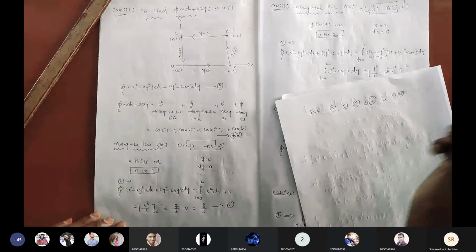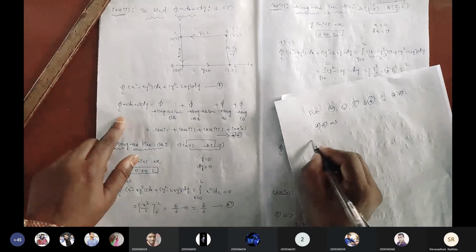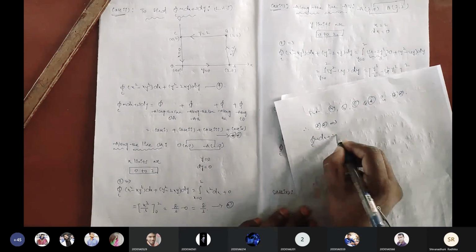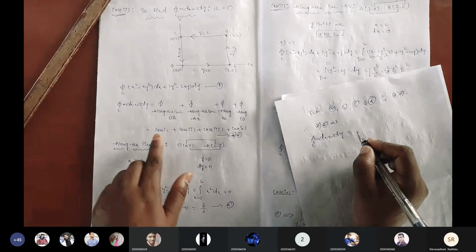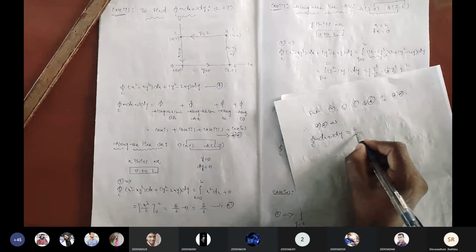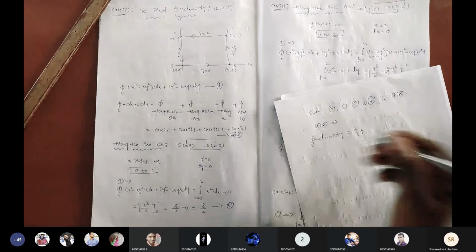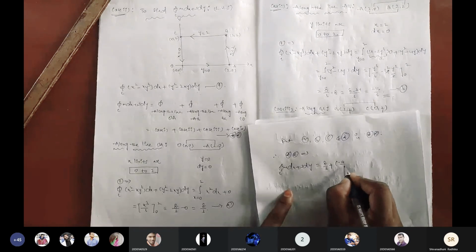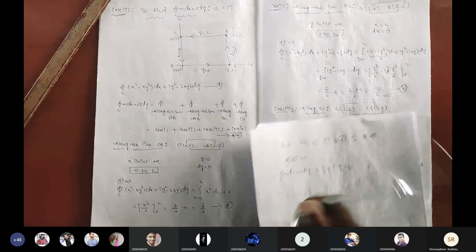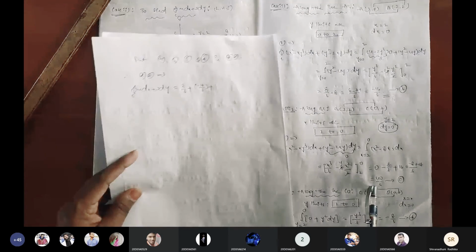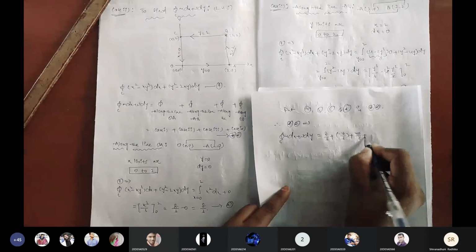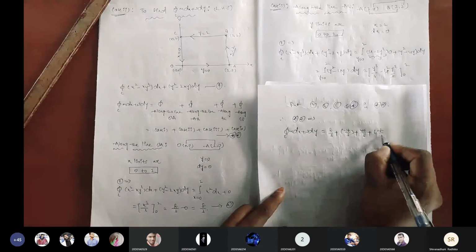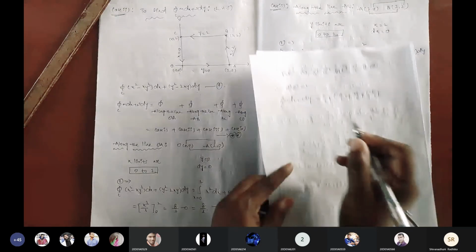Therefore, the integral over curve C of m dx plus n dy equals case 1 answer 8 by 3 plus case 2 answer, which is minus 16 by 3, plus case 3 answer, 40 by 3, plus case 4 answer, which is minus 8 by 3. Here we take LCM.